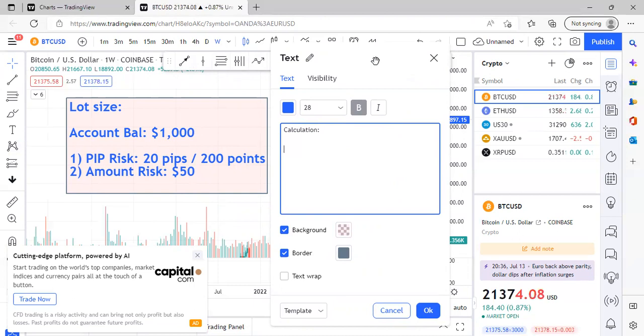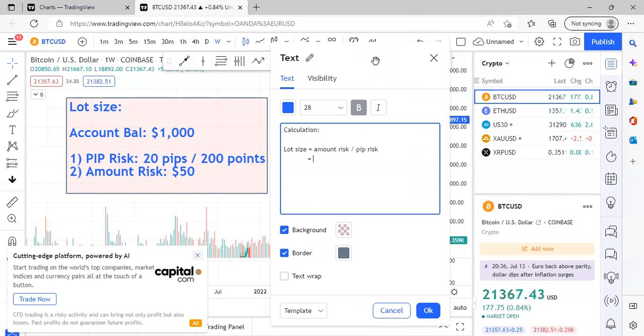What you need to do is get your lot size, and your lot size will be equal to your amount risk divided by your pip risk.